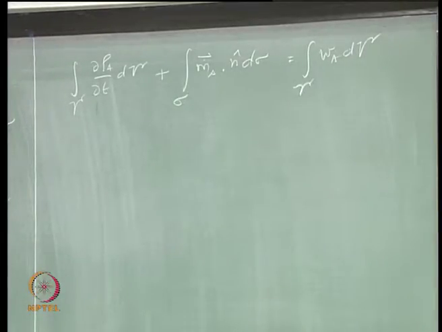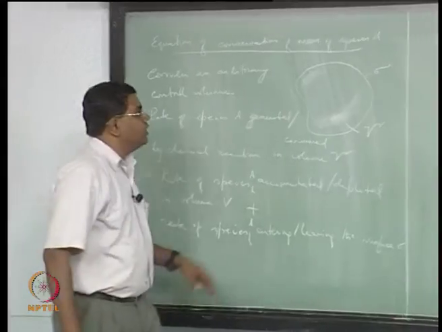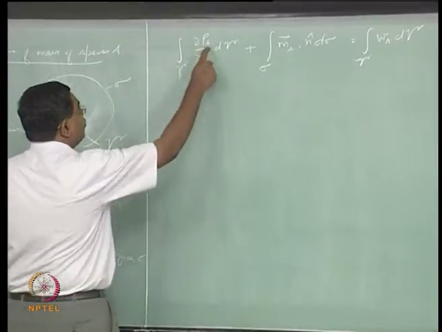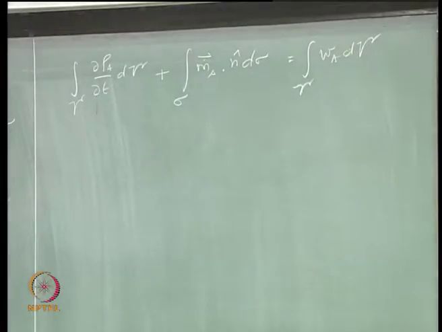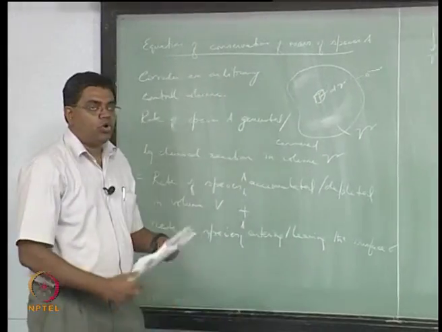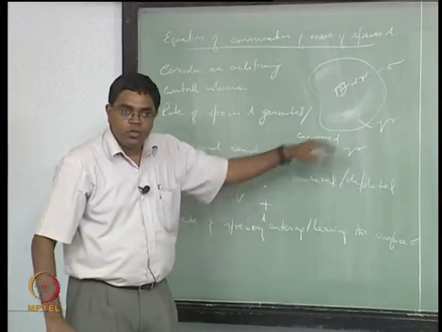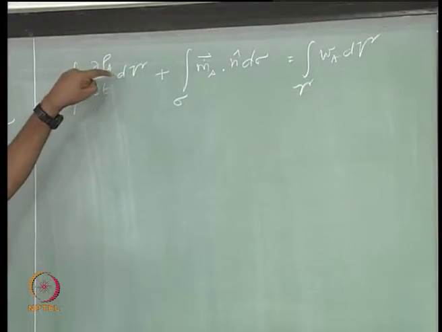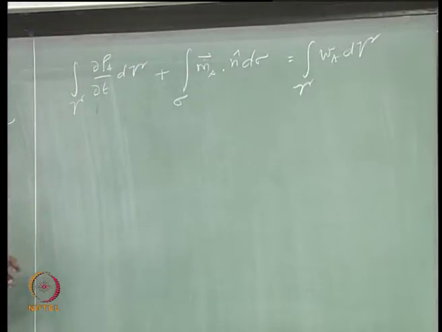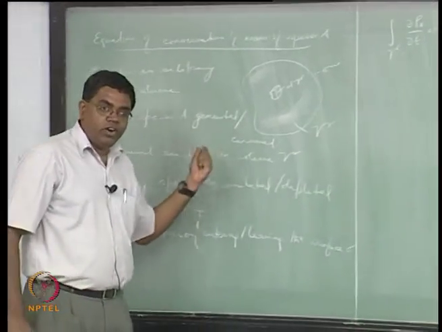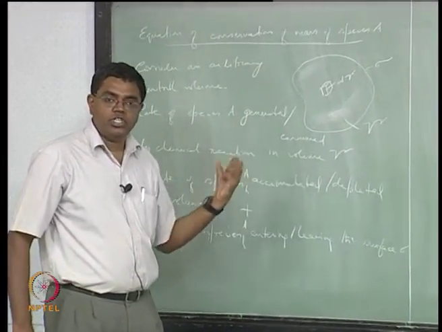Alright, here this is the first term on the right hand side of the verbal statement, which is to say the rate of accumulation or depletion. So how did you get this? ρ dV is the mass in an elemental volume that is inside this control volume. So you have a dV that you want to integrate over the entire volume ultimately. ρA is the density of species A, times the elemental volume is the elemental mass there, and ∂/∂t of that is the rate of mass accumulation or depletion.